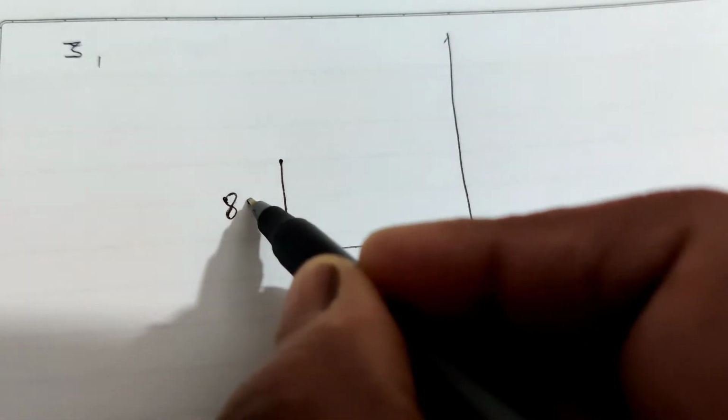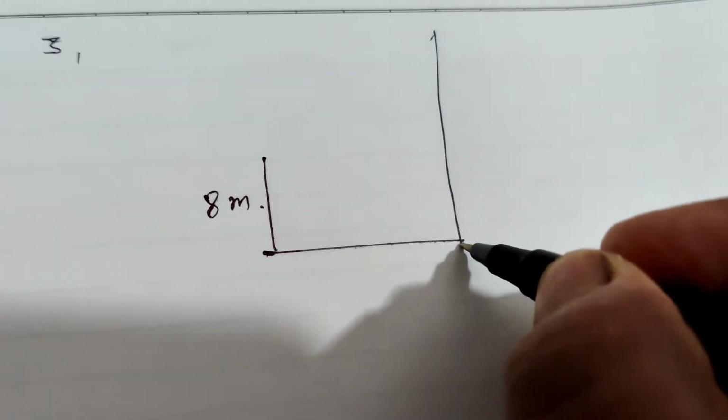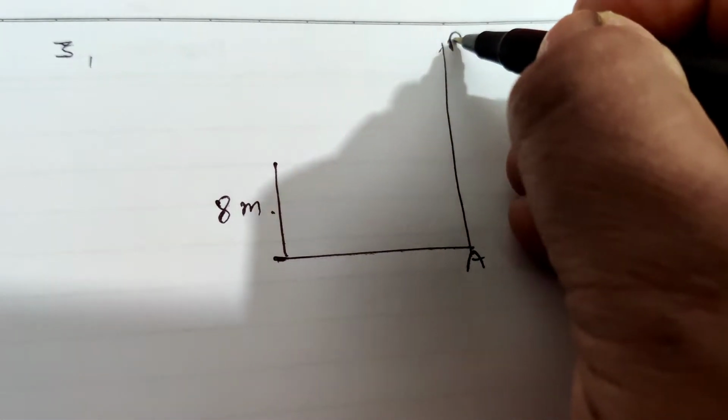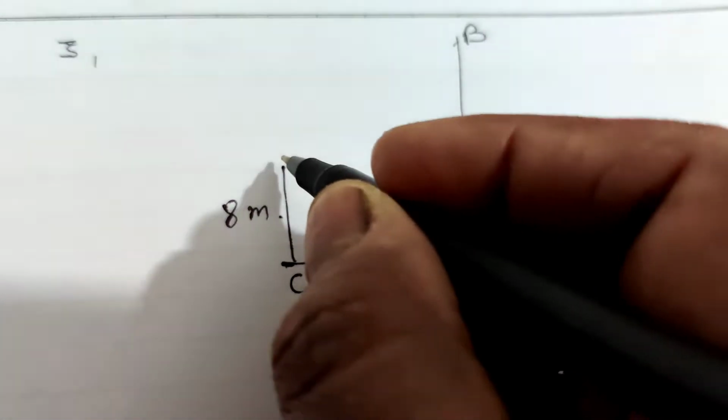Question number 3, the figure. This is a tower, an 8-meter high building. Suppose tower is AB and building is CD.